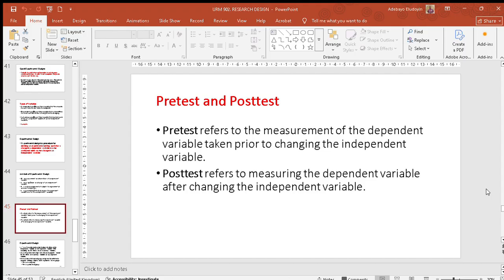But before going to think about that, we also could have pre-test and post-test. This is more important for people from Faculty of Education. I think they do lots of pre-test and post-test. Post-test. And pre-test, when you take the measurement prior to the changing in independent variable.